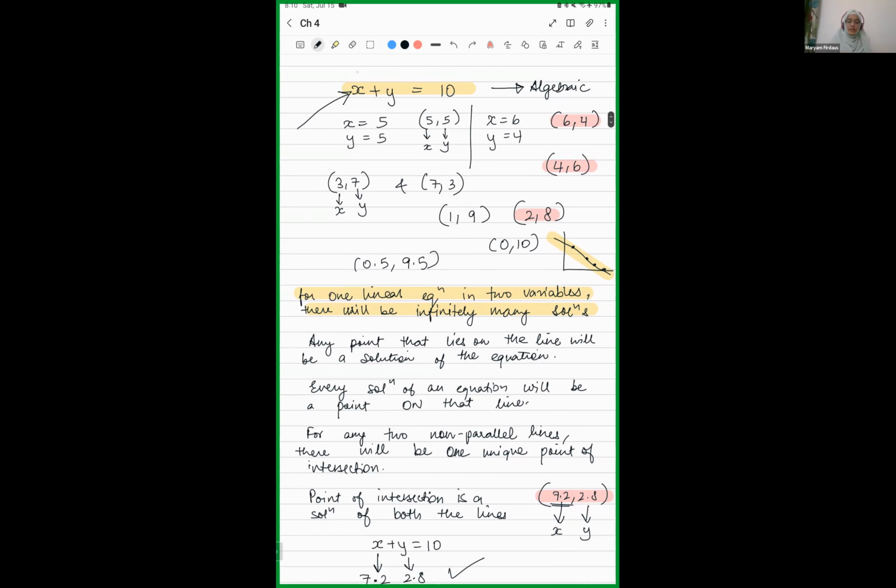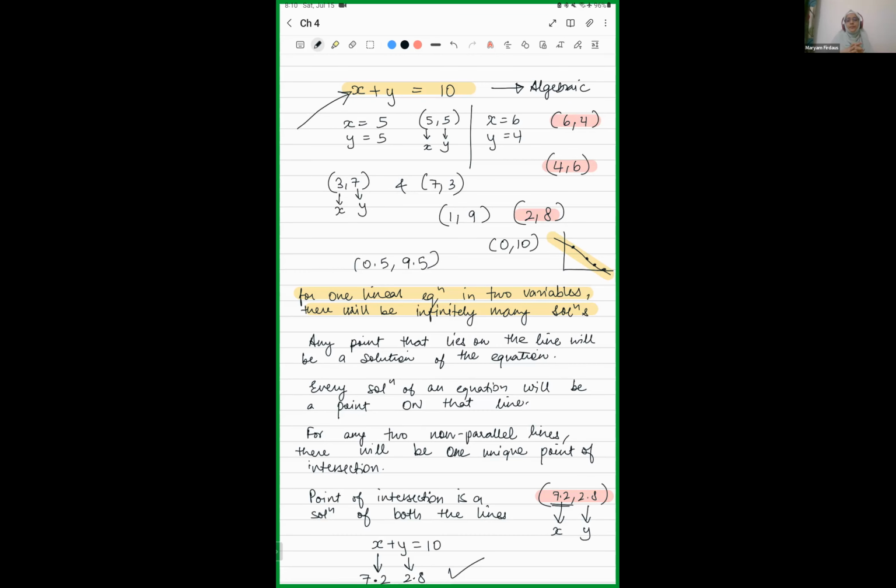Just like we saw that you can have (2, 8) as a solution. When you put x as 2, y becomes 8. If you put x as 1, y becomes 9. If you put x as 3, y becomes 7, and so on. There are not just two solutions. There are infinitely many solutions.